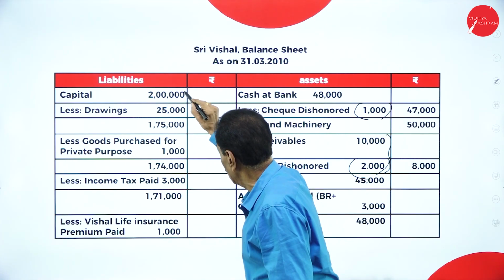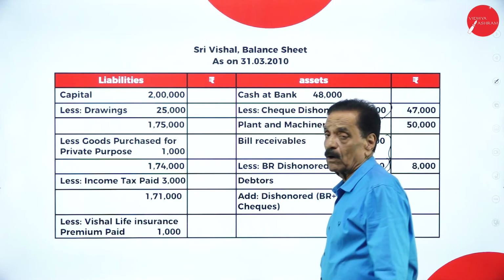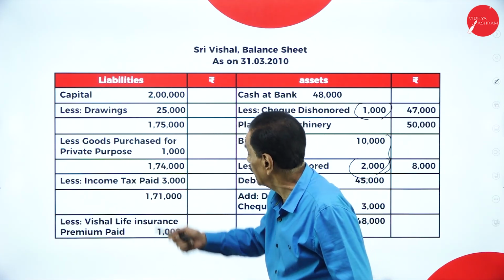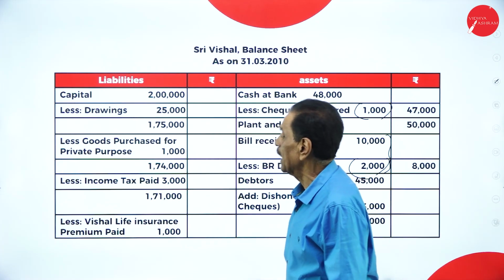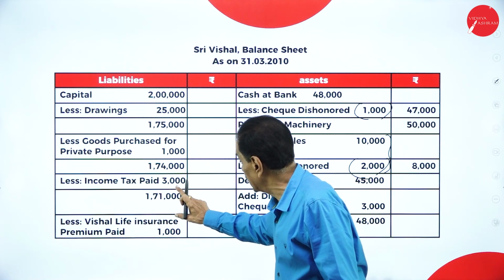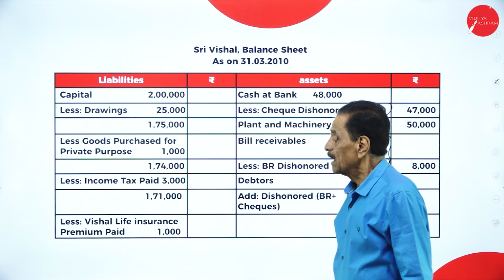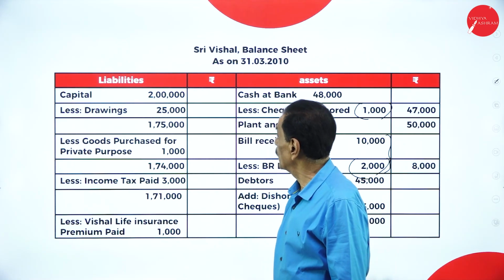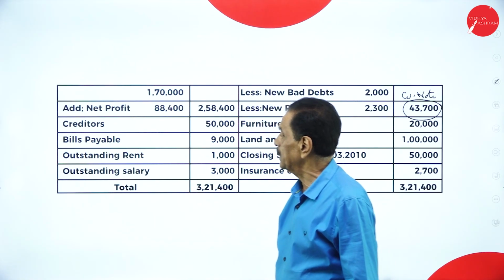Drawing is 25,000. Deduct 1,75,000 minus goods purchased for private purpose, considered as drawing. Deduct 1,000. Income tax paid is purely personal. Deduct 3,000. Less Vishal life insurance, purely personal. Deduct 1,000.